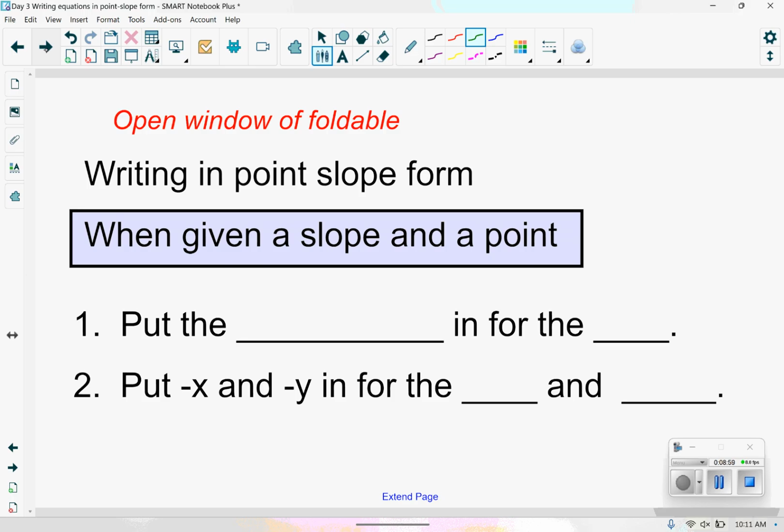You put the slope in for the m. And then you put a negative, whatever your x is, a negative, whatever your y is, for the x, y. Very simple to do. Watch when you see it done, you'll be amazed.